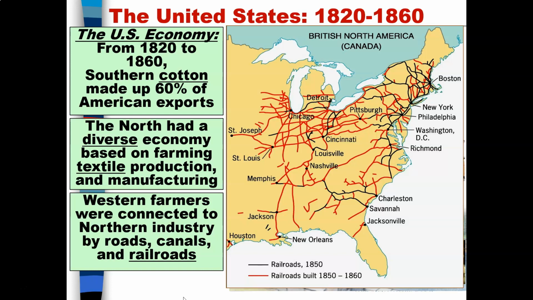You see the railroad system in 1850, all the black lines, and then you see railroads that were built between 1850 and 1860, which basically expanded all over the United States, connecting the south to the north. All of these railroads became fundamental as the United States was industrializing.